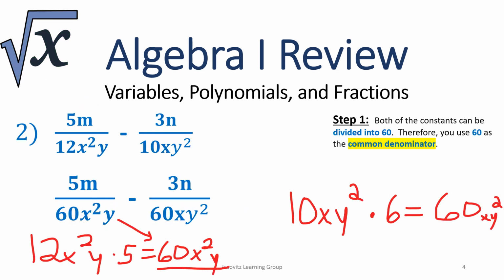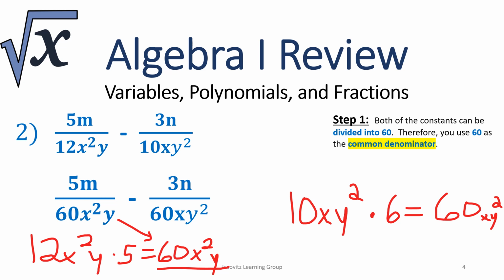Okay. So now you have this awful equation, 5m, and you have 2 different constants here. This is an m, this is an n. You cannot combine that. That's not a like term. So you have 12x squared over y, but you have 10x. No square here, but your y is squared here, but it's not squared here. So you're going to have to do something.